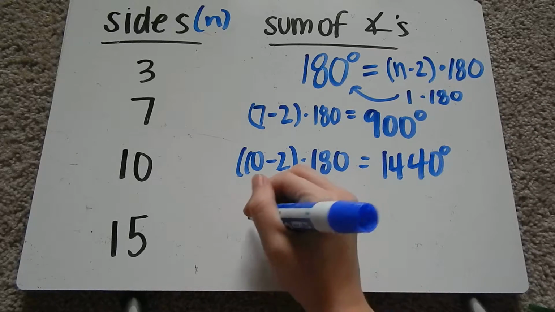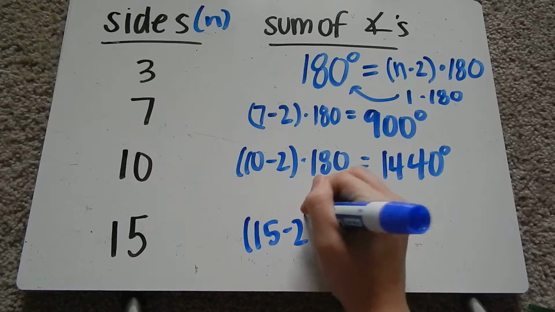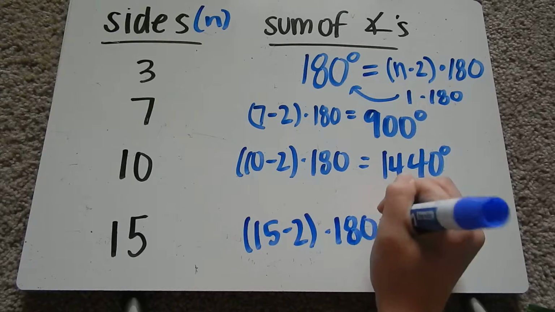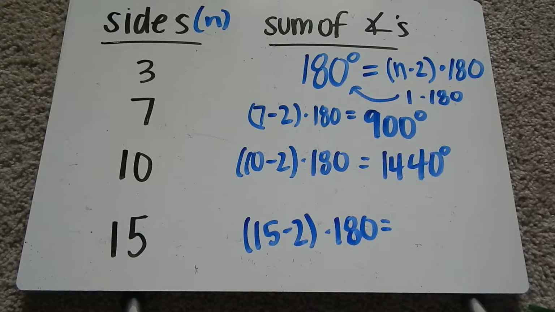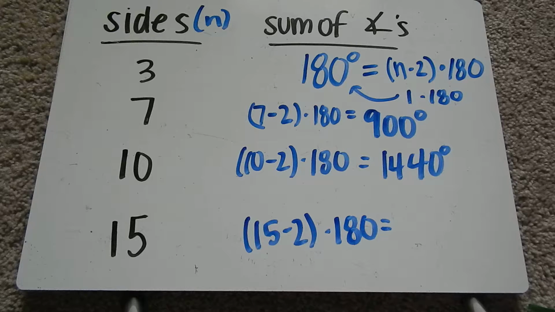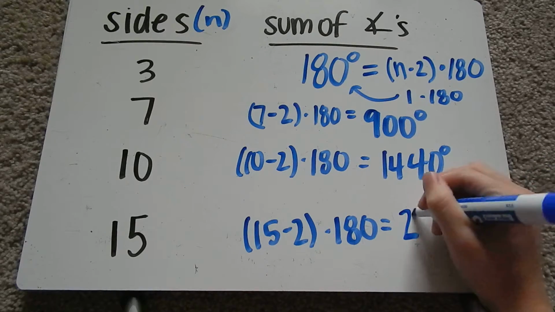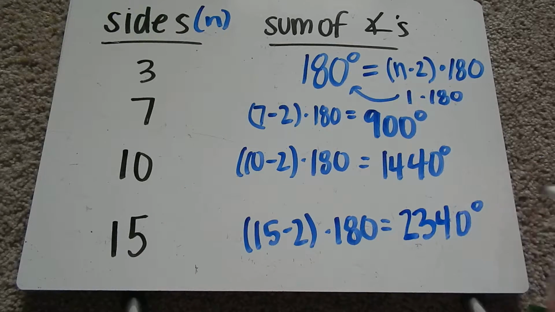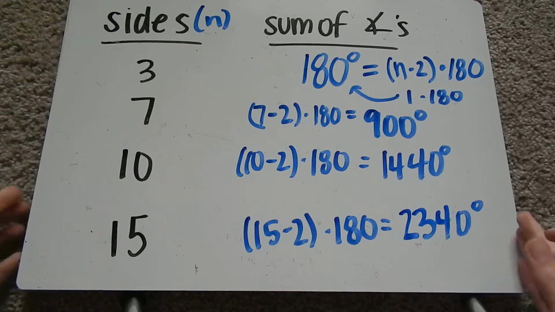And for 15 sides, it's going to be 15 minus 2 times 180. That will give me the sum of the angles for a polygon with 15 sides, which is 2,340 degrees.